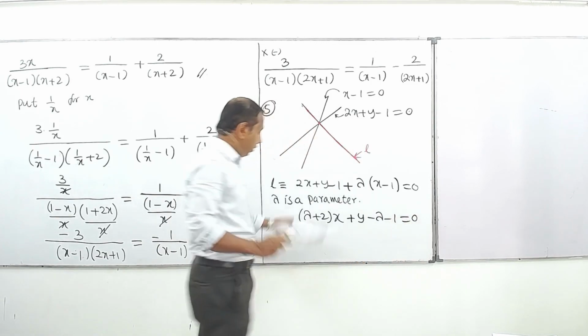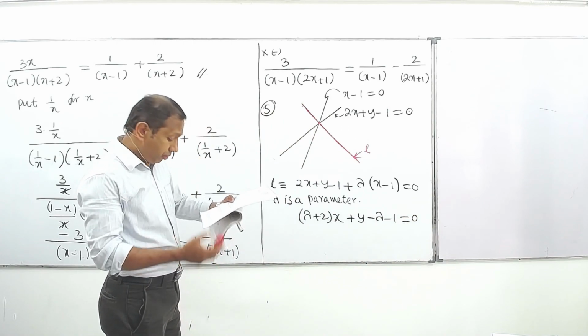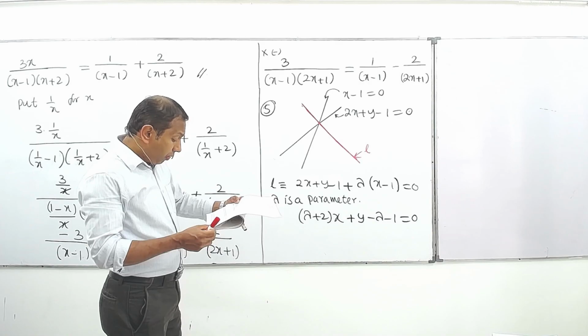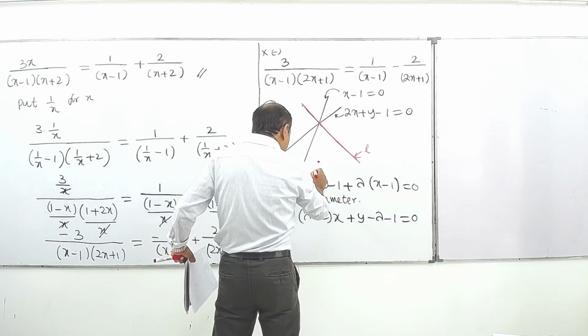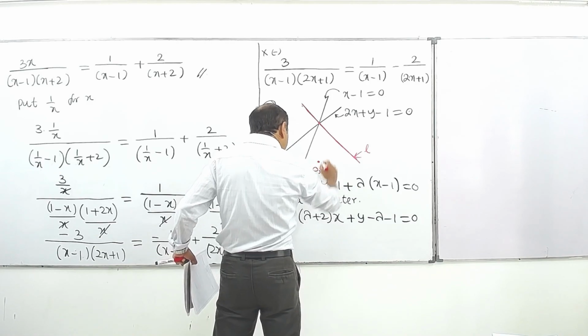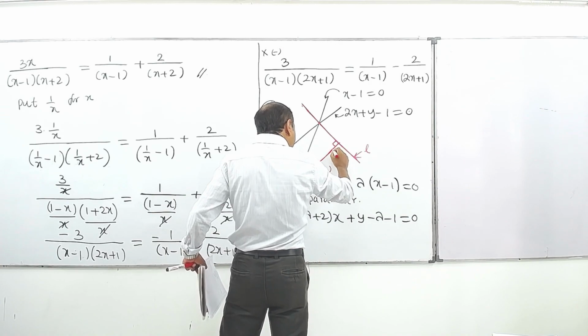To this line L, the distance from the origin is given as 1 unit. Here we have the origin, coordinates 0, 0. The perpendicular distance is given as 1 unit.